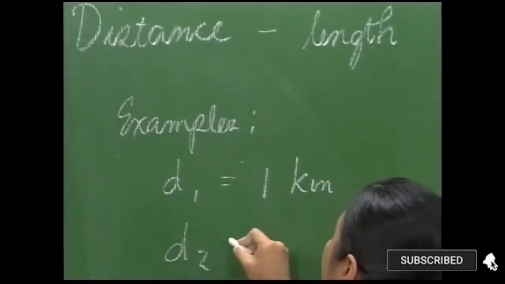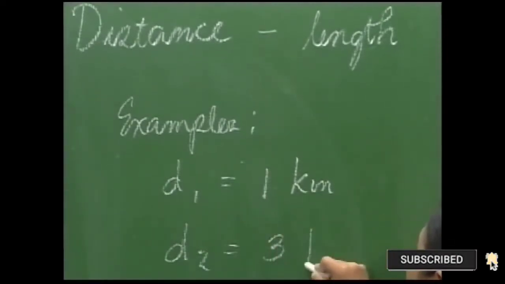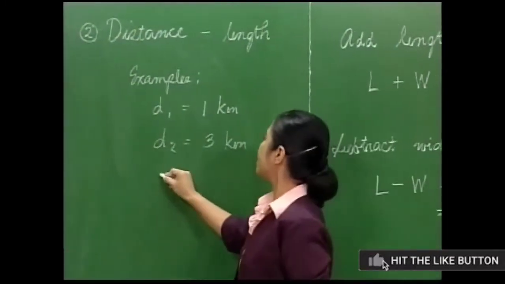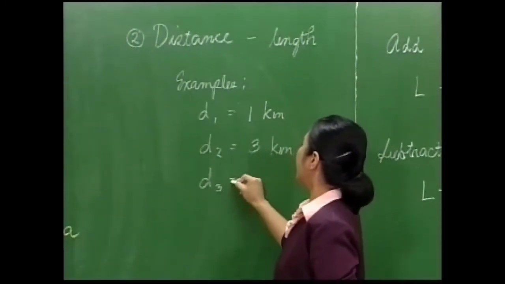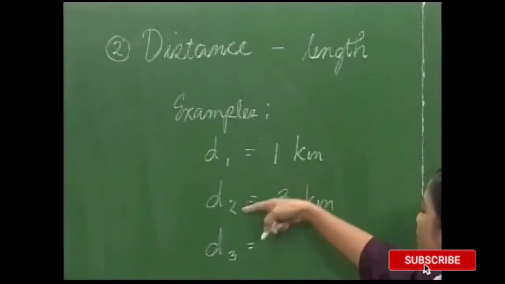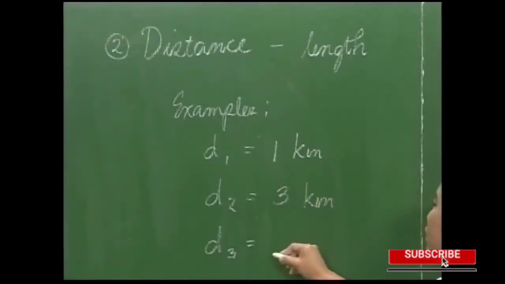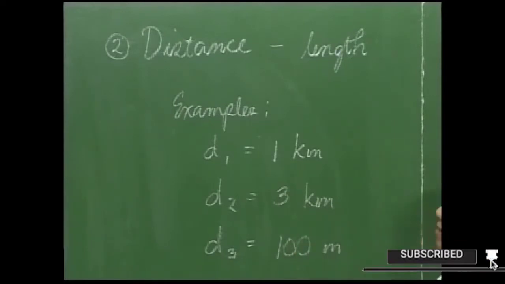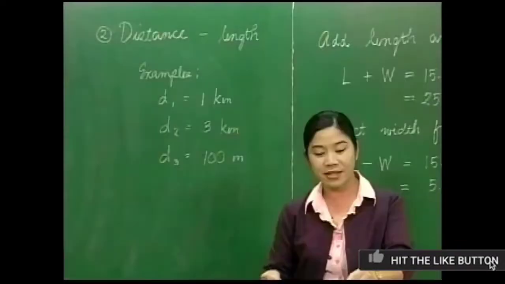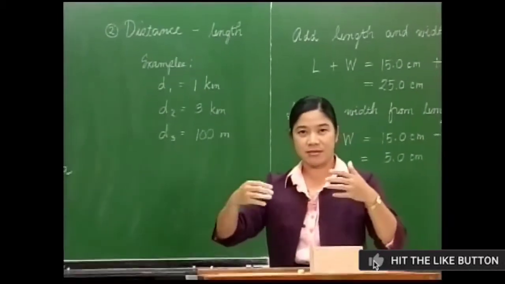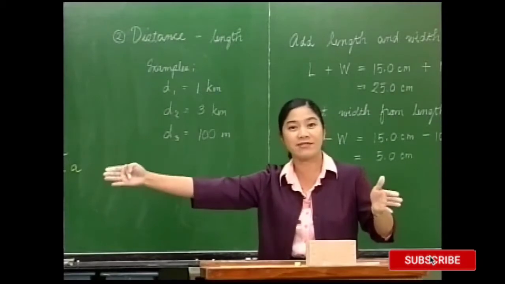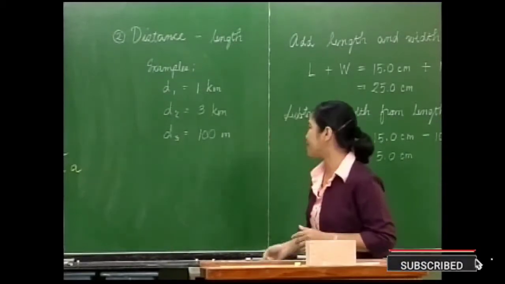You can have a distance of 3 kilometers. You can have a distance of, I just use d sub 3 to make it different from the others. You could also have a distance of 100 meters. So for example, a runner may be asked to run a distance of 100 meters in the 100-meter dash.